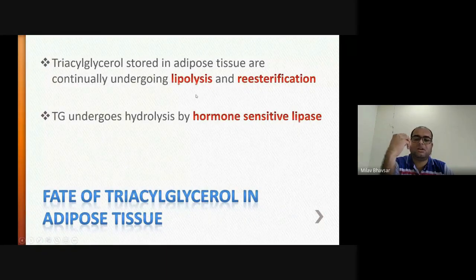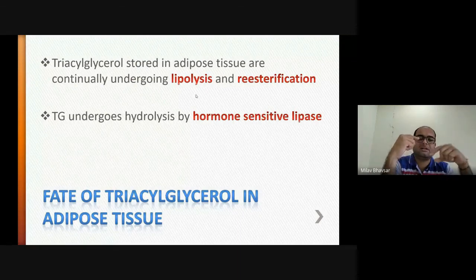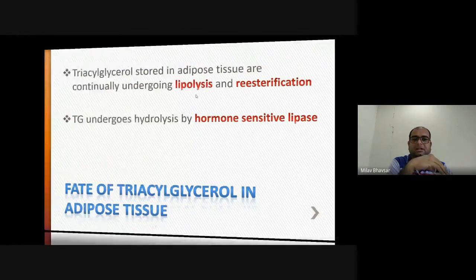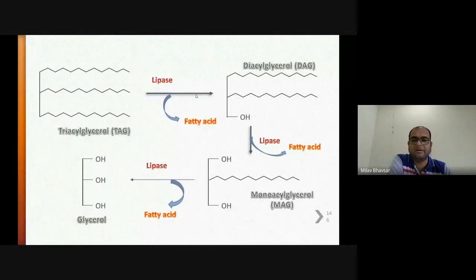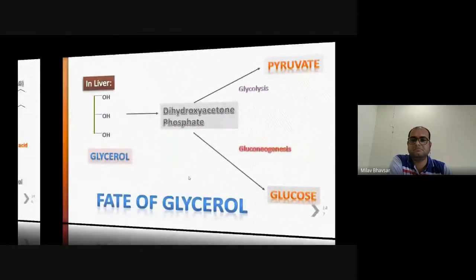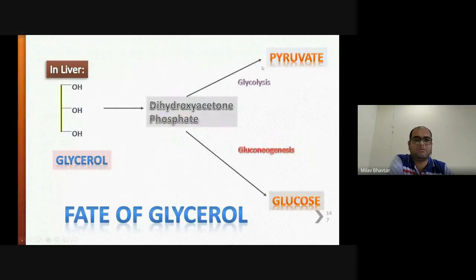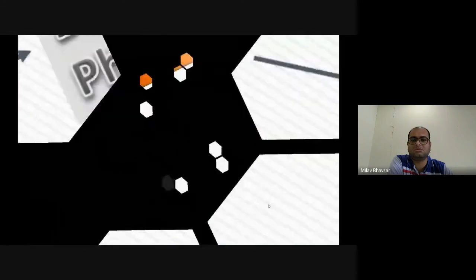Inside the adipose tissue, there is continuous generation and lipolysis going on. Depending on the external factors, it will be increased or decreased. This is the degradation with the help of lipase. In the liver, it goes through pyruvate or can generate glucose.